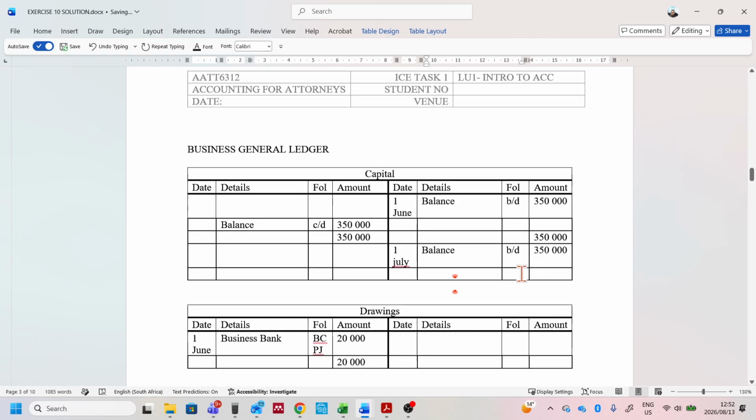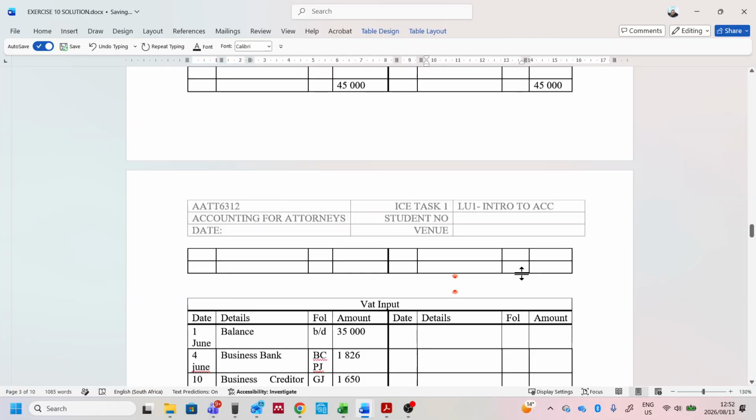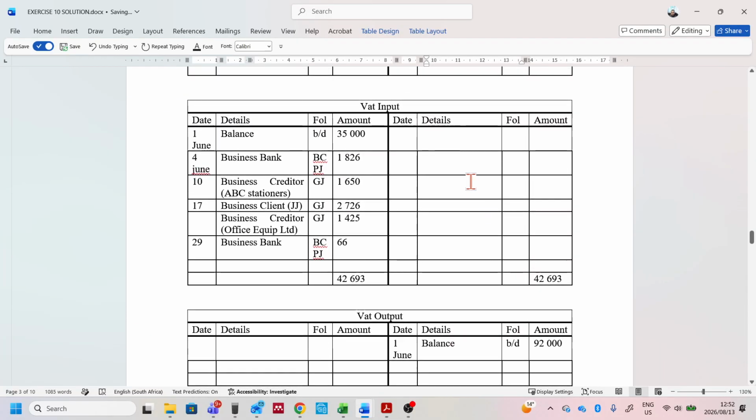So when we come to the VAT account itself, this side of your VAT input, you'll say on the 30th, there is VAT control account, which will then indicate that this is recorded in your what? General journal. The total amount is how much?